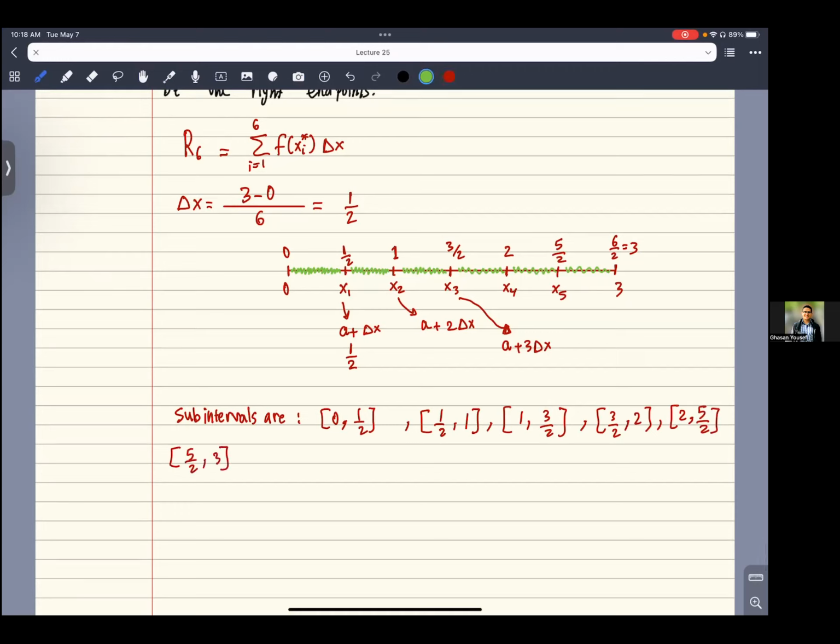So again, the right endpoint is this point, this point, this point, this point, this point, and this point.